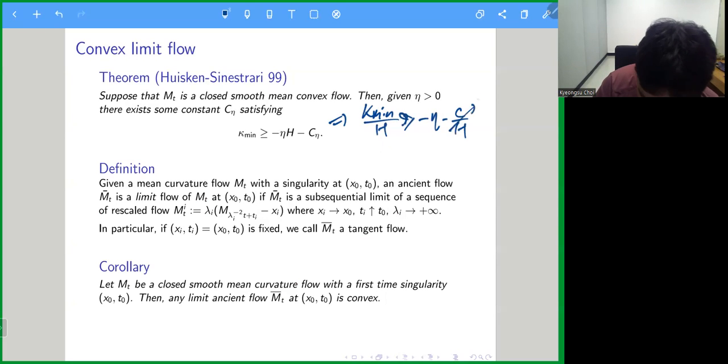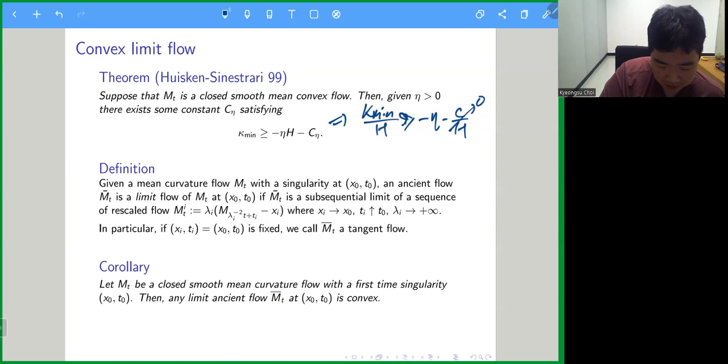So this disappears to 0, and then we can choose eta arbitrarily small. So at the limit, we can expect that kappa mean over H is non-negative, heuristically. So we can expect the convex limit. Actually, we need to prove a little bit further.